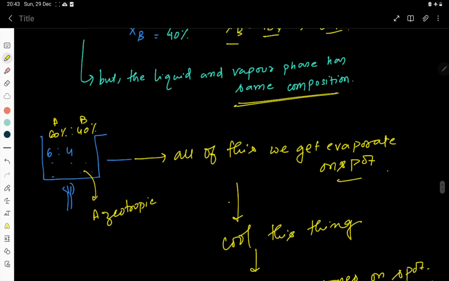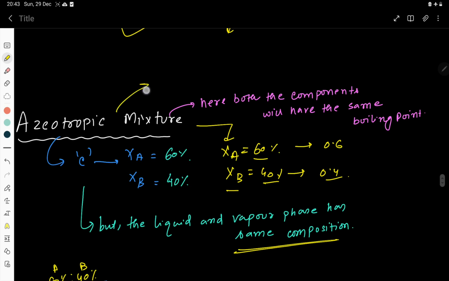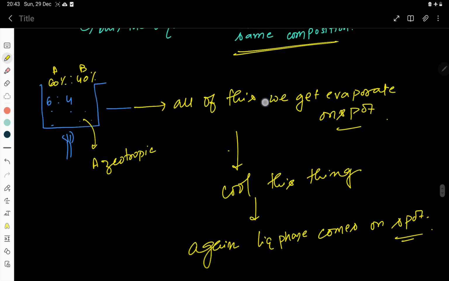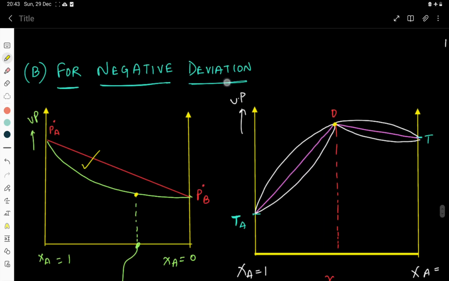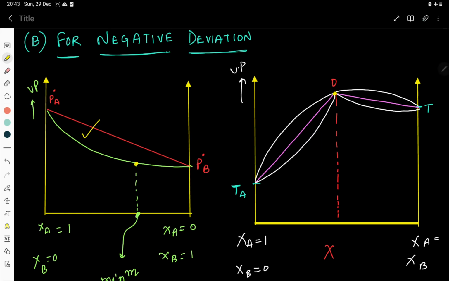One thing here: this azeotropic mixture is achieved at a minimum boiling point, so we can also say it as minimum boiling azeotrope. And here the vapor pressure of A is greater than the vapor pressure of B, so here Ta is lesser than Tb. The concept is basically the same as the previous one.